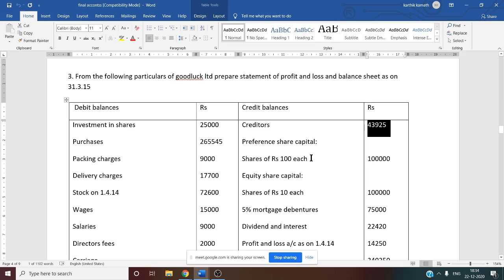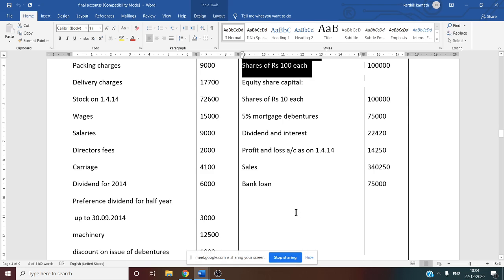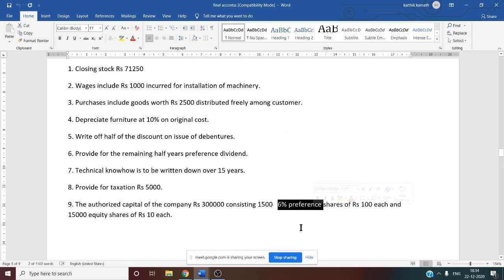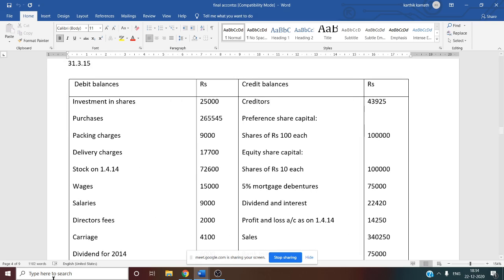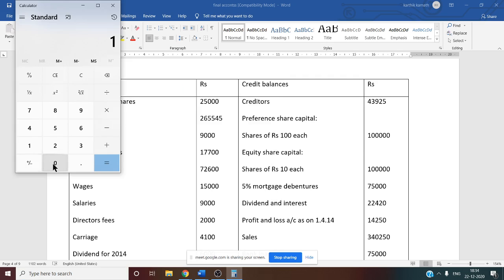See this. Now we want the preference share capital percentage. We want to see whether it is possible to get the percentage. Here they have given 6%. So what you can do here? Once again I will open the calculator. See now, preference share capital, paid up capital is 1 lakh.